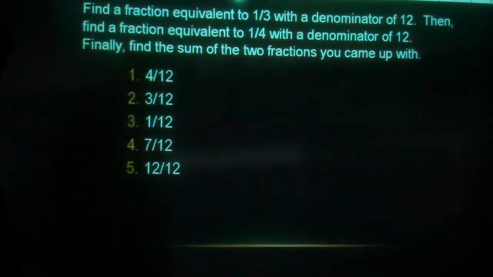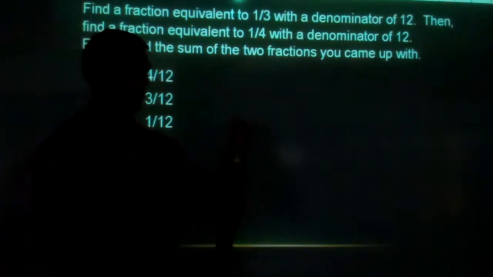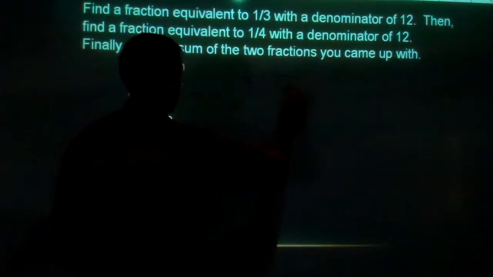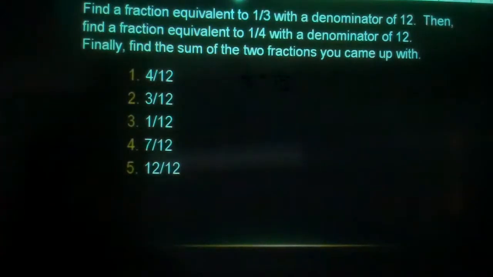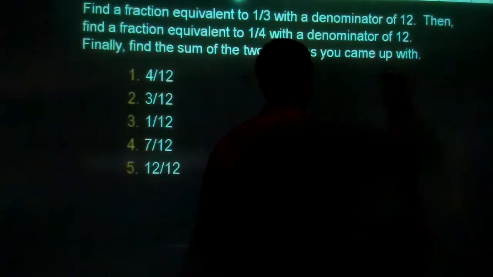This one's a little bit more involved. It says find a fraction equivalent to 1/3 with a denominator of 12. Then find a fraction equivalent to 1/4 with a denominator of 12.